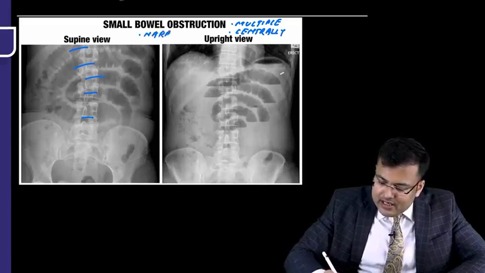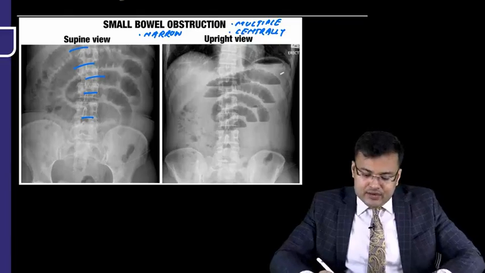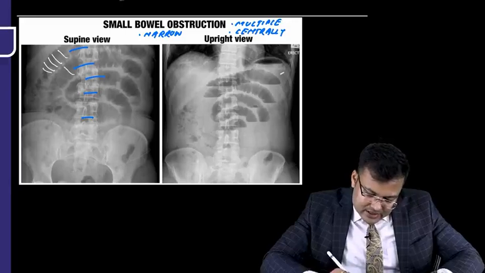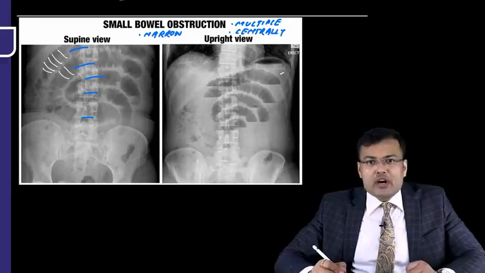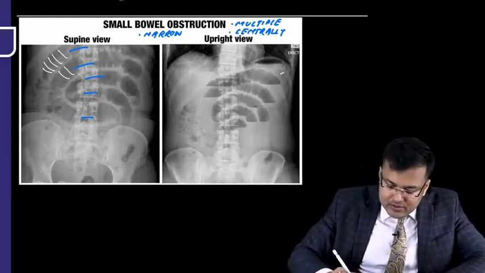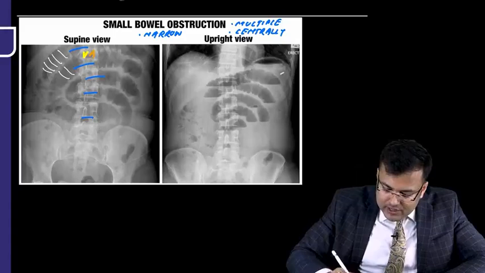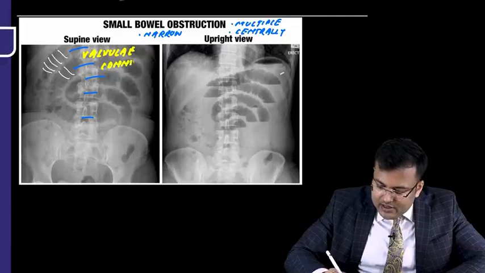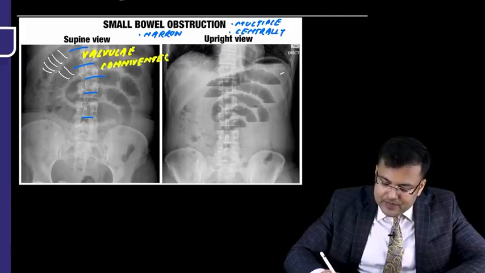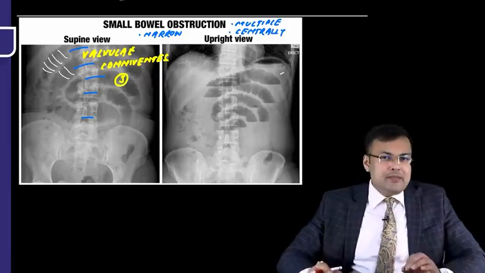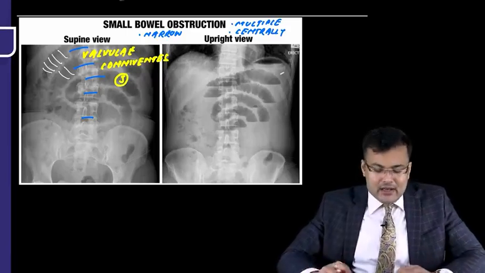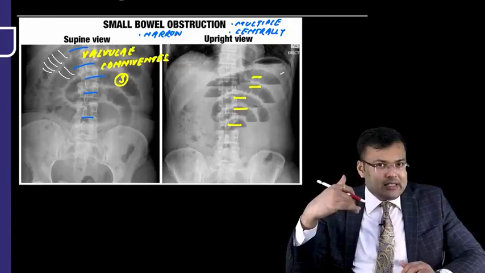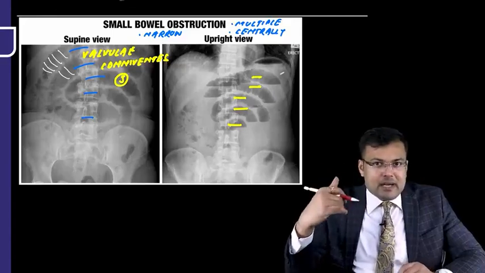As a special feature of jejunum, you can see a circumferential ring-like pattern, and this is known as valvulae conniventes. This is seen in the jejunum. The ileum is featureless, or characteristically characterless. So this is the supine view, and in upright posture you can see air fluid levels in a step ladder pattern.